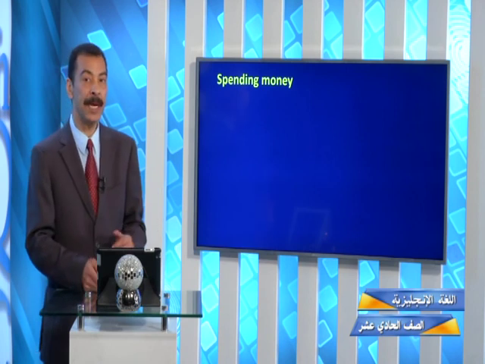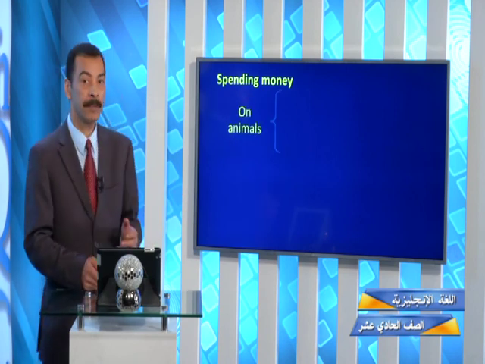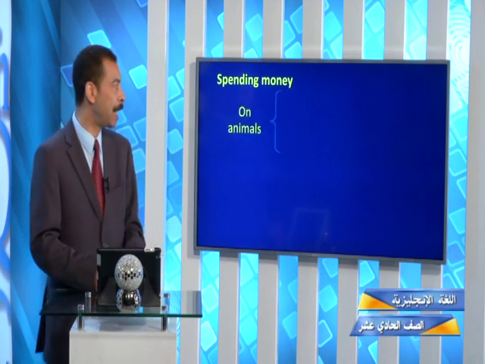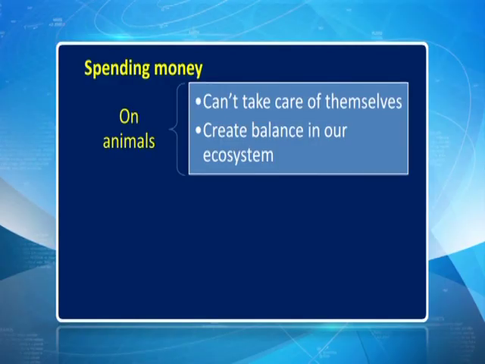If we spend money on animals, what does it mean? If we spend money on animals, it means that animals can't take care of themselves and they create a balance in our ecosystem. This is why we need to spend money on animals and protect their lives.